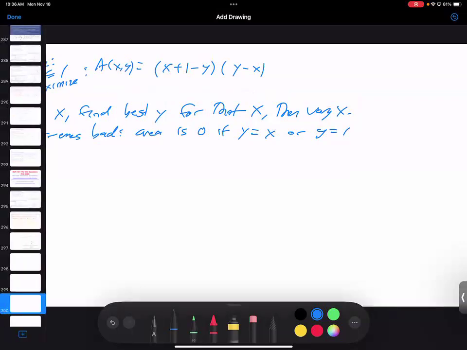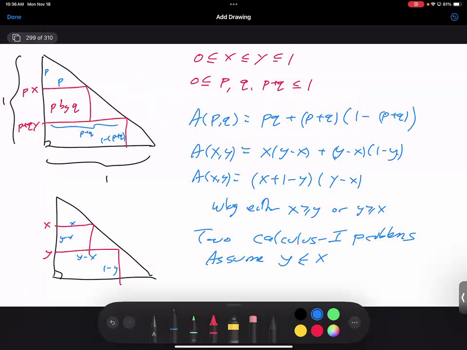But then did we make a mistake in how we formulated things? Oh, so the way I drew the picture with y greater than or equal to x. Sorry, it would have to be that the way the picture is drawn, because it's further down, y minus x has to be positive. So it would have to be y goes from x to 1.